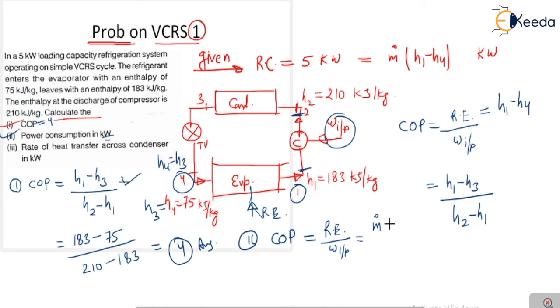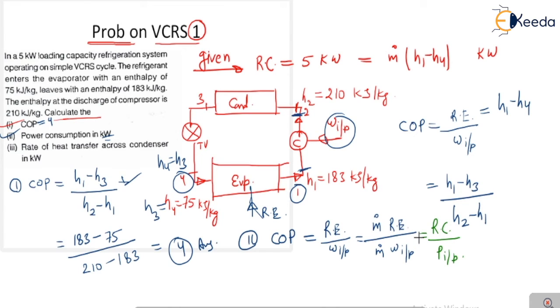So mass flow rate into refrigeration effect makes refrigeration capacity, and mass flow rate into work input makes power input. That means we can write this formula as refrigeration capacity upon this power input.